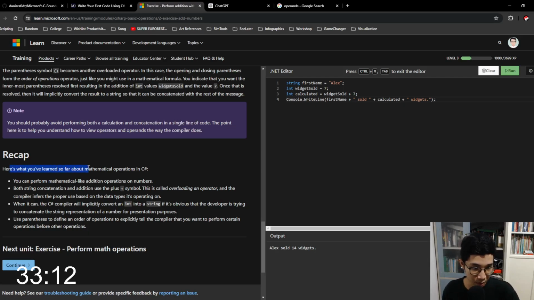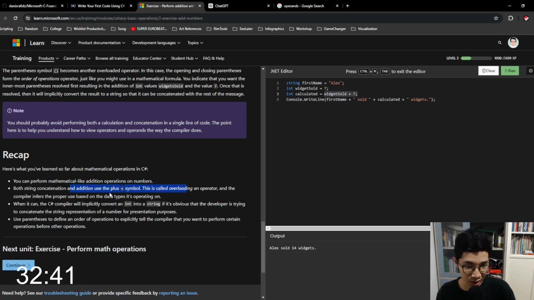Here's what you've learned so far about mathematical operations in C#. I did learn about performing mathematical operations, like the addition operation on numbers. Yes, I learned this one: 7 plus 7 equals 14. The second point is both string concatenation and addition use the plus symbol.